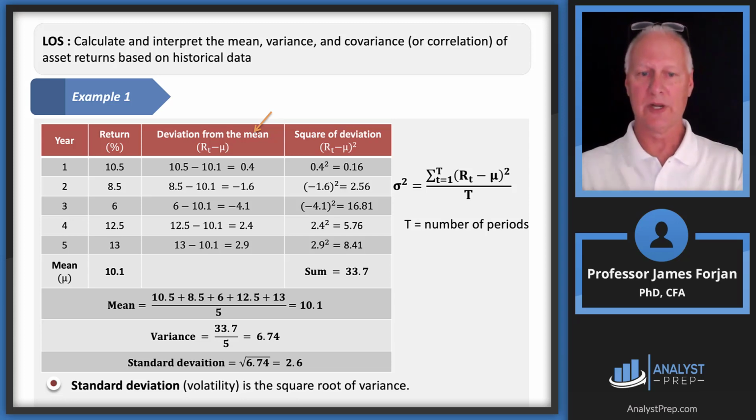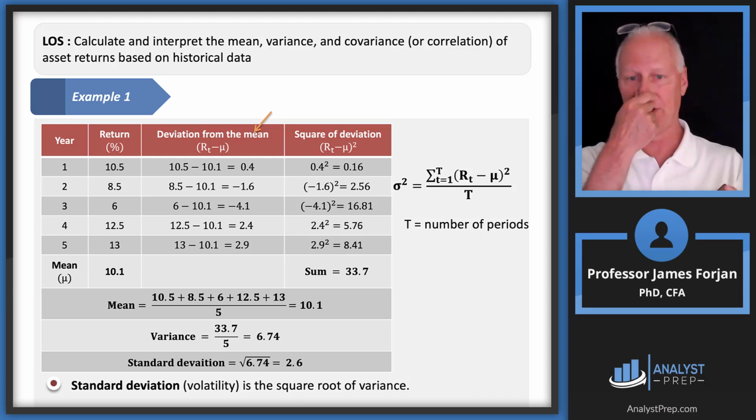Now, there's a little trick here that I want to show you. The institute and in the reading, they're not too careful about differentiating between the sample standard deviation and the population standard deviation. Here we're doing the population standard deviation, and that's what they tend to do inside of the reading.